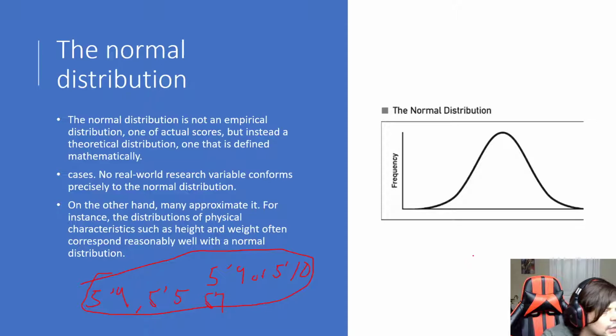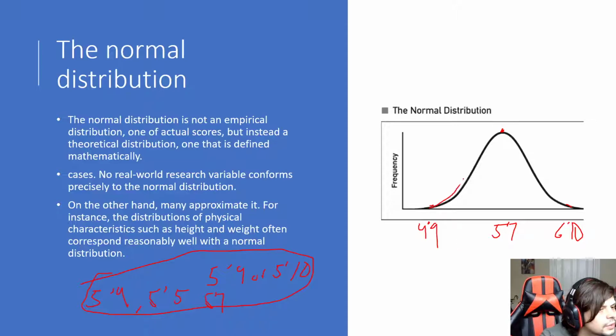So in other words, you'll see more people here at 5'7", peaking the tower, and then you got your 6'10" people over here, and you got your 4'9" people over here. And this will increase the amount. Height and weight typically average out to a distribution like this.